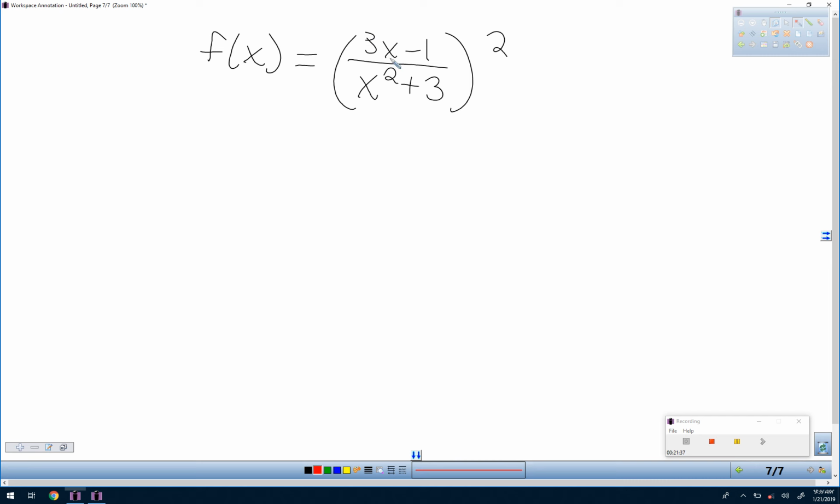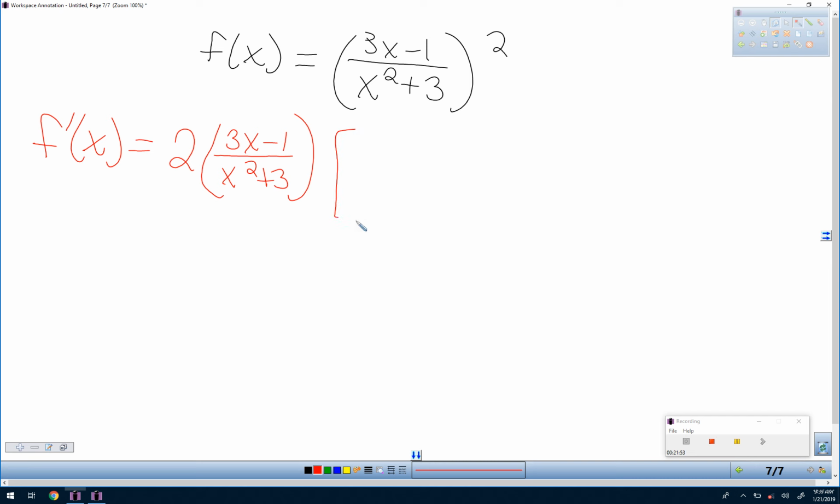But still, I have this function inside of the square, so its derivative would use the chain rule. The derivative of this would be: bring the power down, 2, leave the quantity inside alone, and then drop the power down to 1. But now I've got to take the quotient rule. So it'll be low d high minus high d low all over.